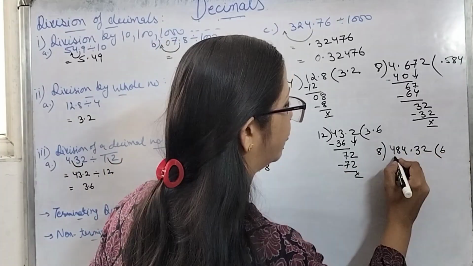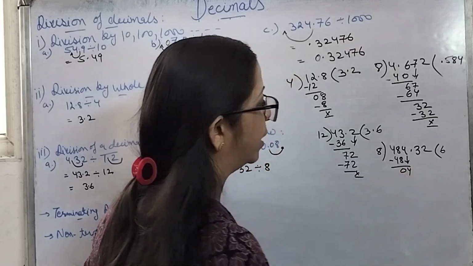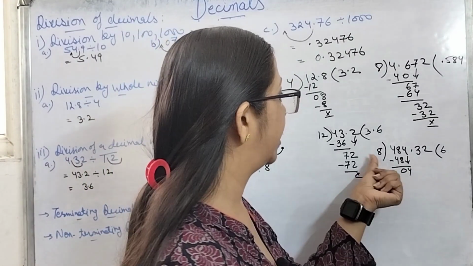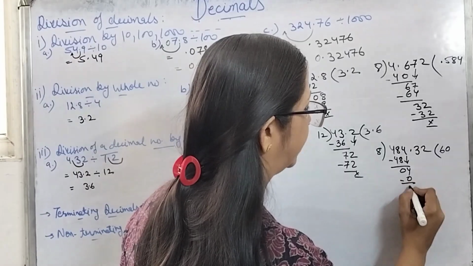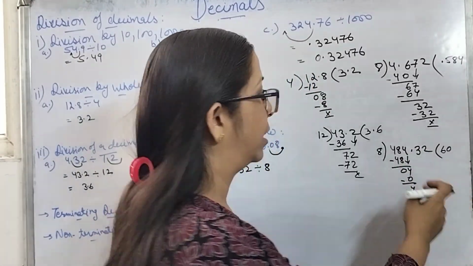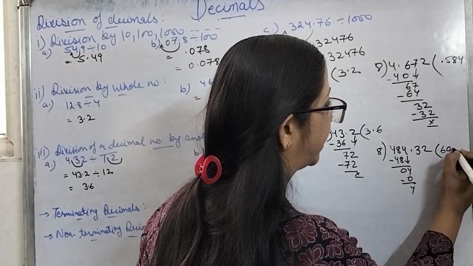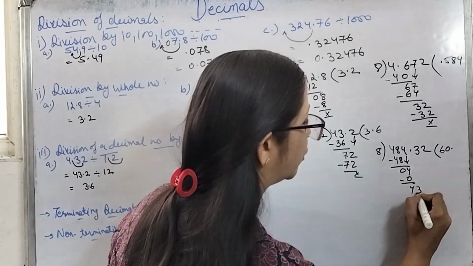8 6s are 48. It is 0. We'll be taking 4. Now we have taken 4. 8 0s are 0. Again it is 4. Now we are taking the number which is after decimal, so we will be keeping decimal over here in the quotient. This 3 we will be taking over here.